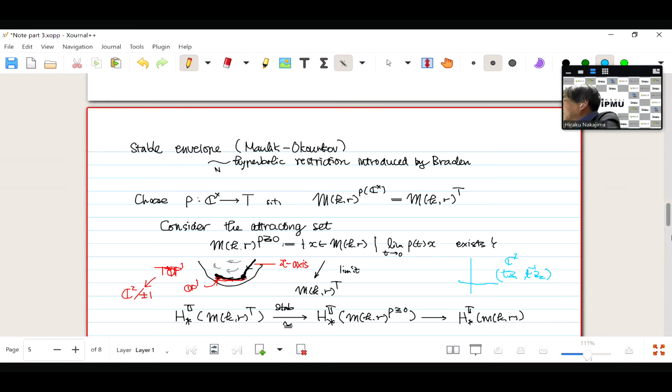In order to have a limit, the flow goes like this. It has a limit if and only if Z2 is equal to 0. Namely, you have this x-axis as the attracting set.